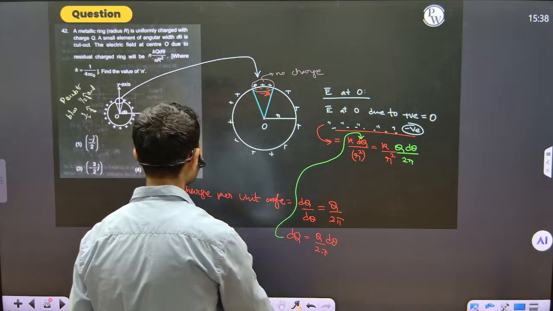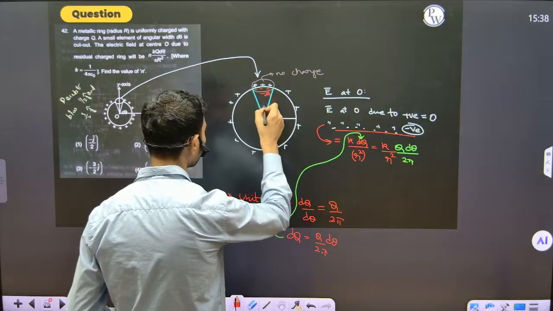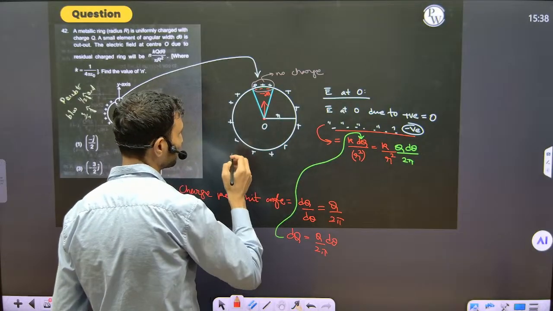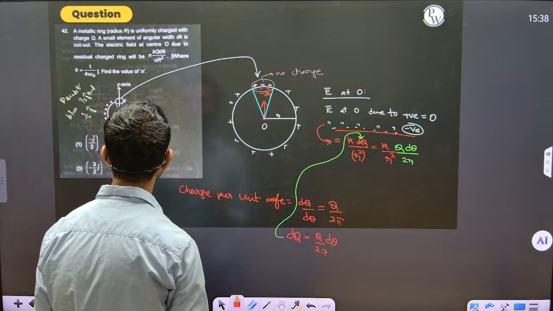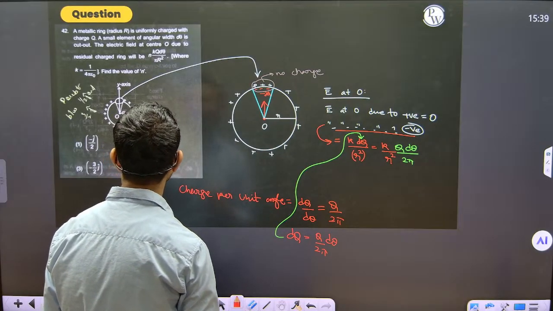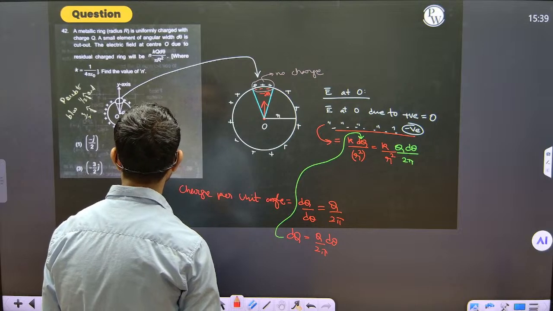And since it's a negative charge, electric field will be towards it, in the upper direction, right?